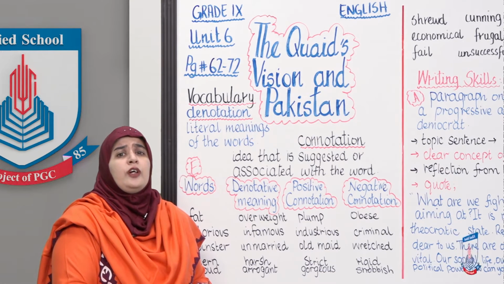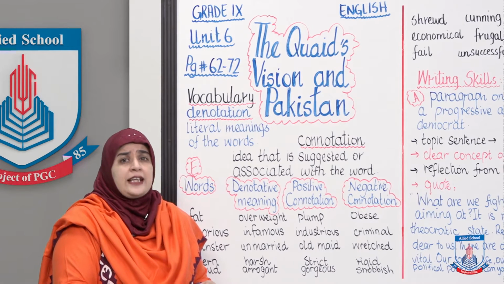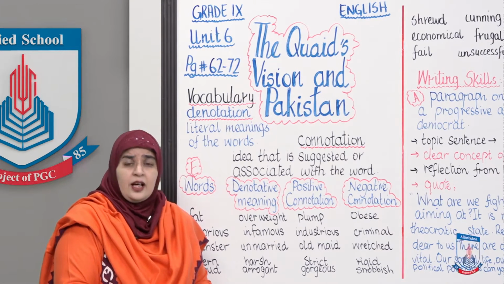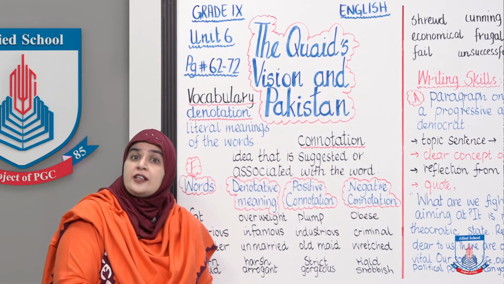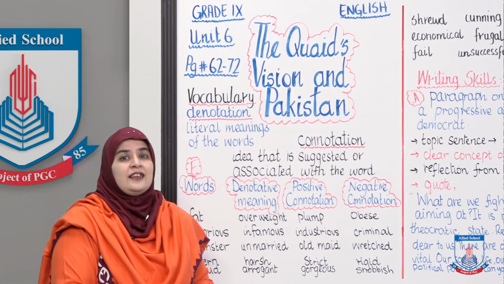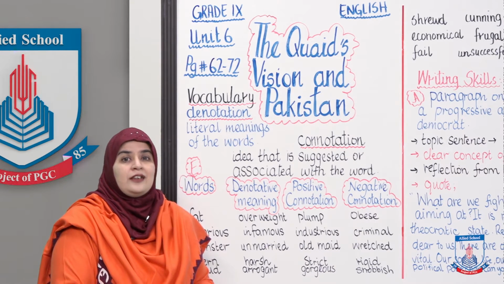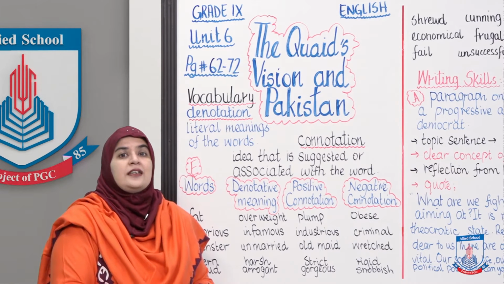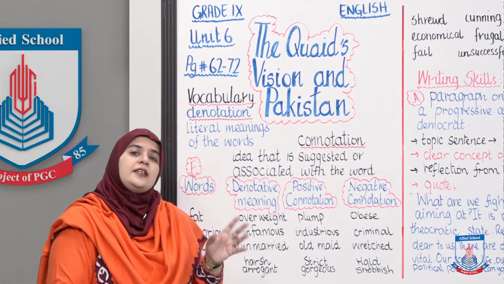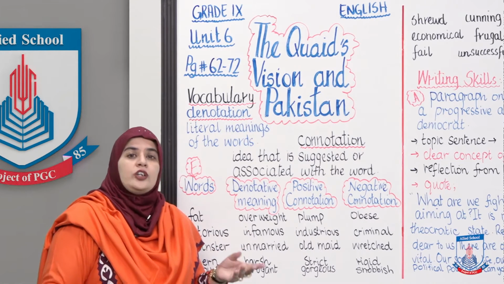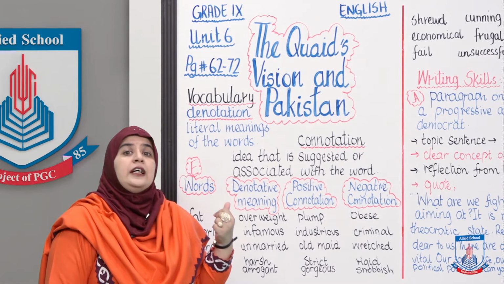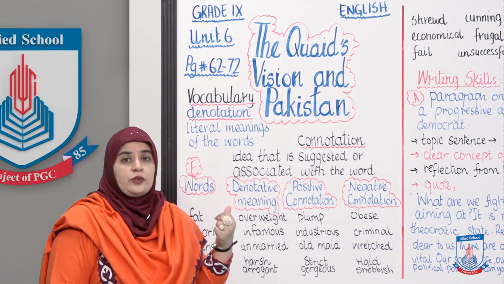If you look for the literal meaning of snake, you will see something that is legless and scaly. But if you go for the figurative meaning of snake, you will go for something slithery, something your enemy, something poisonous, somebody who can poison you, right? So that is the figurative meaning or the connotation, and the first one, the scaly and legless creature, is your literal meaning or denotation.